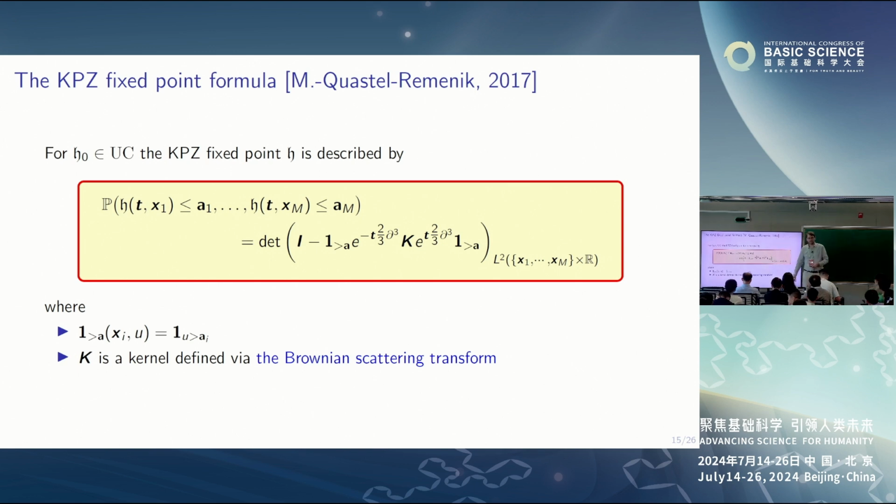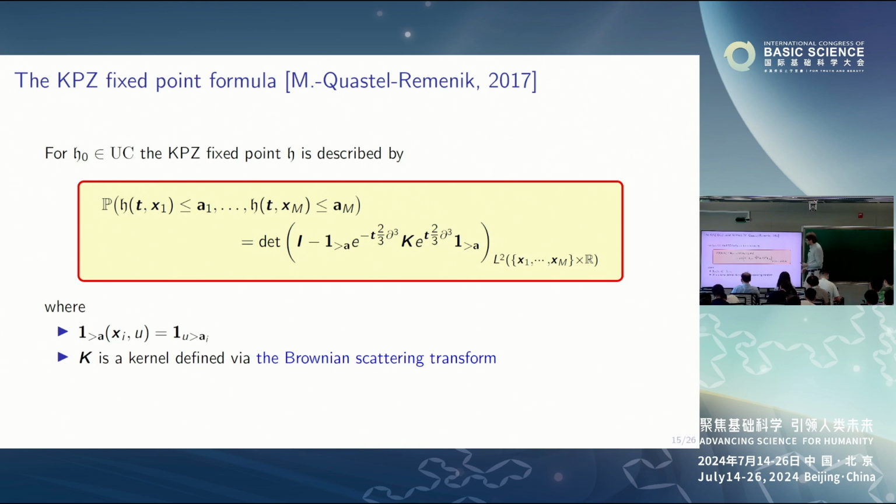We look at the probability that the KPZ fixed point at time t at given x stays below the given constant a. This multi-point distribution function is given by the Fredholm determinant on a suitable space where we can write precisely what the kernel inside the Fredholm determinant is.